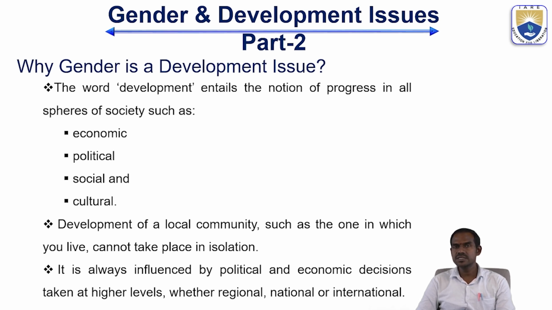Okay? So, what does the word development indicate or represent? The word development entails the notion of progress in all the spheres of society, such as political, economic, social, and cultural. Okay? I hope you are getting what development indicates in terms of gender.